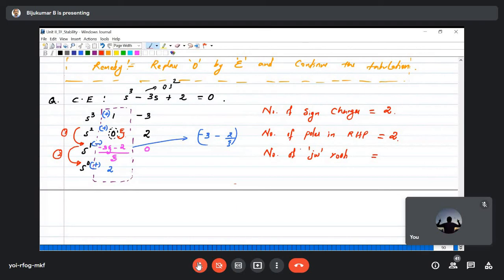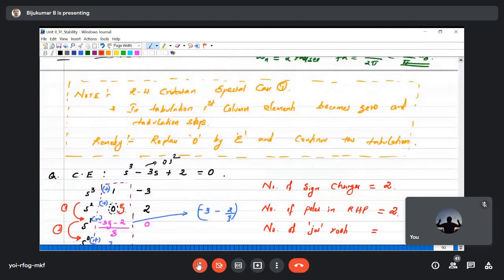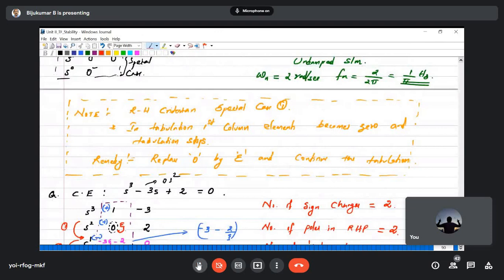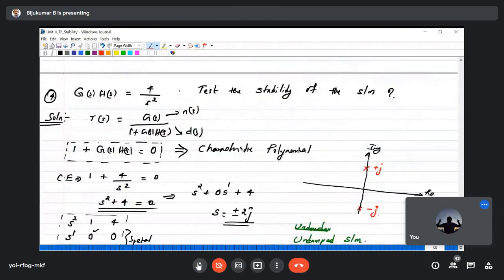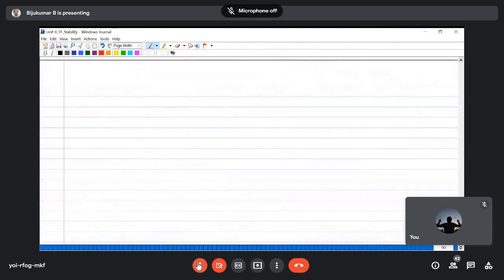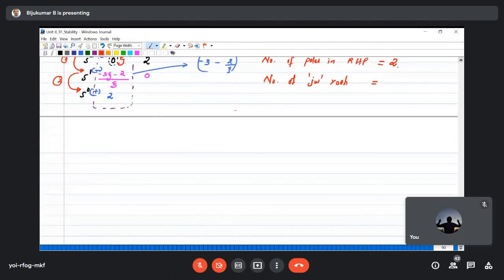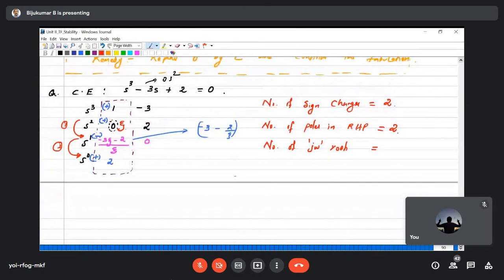Because if poles are on the j omega axis, 2 poles are required, right? Because it is always like plus j and minus j, right? Obviously 2 is required. Then now can you find the roots of this polynomial, and tell me what are the roots of this polynomial using a calculator? Tell me.